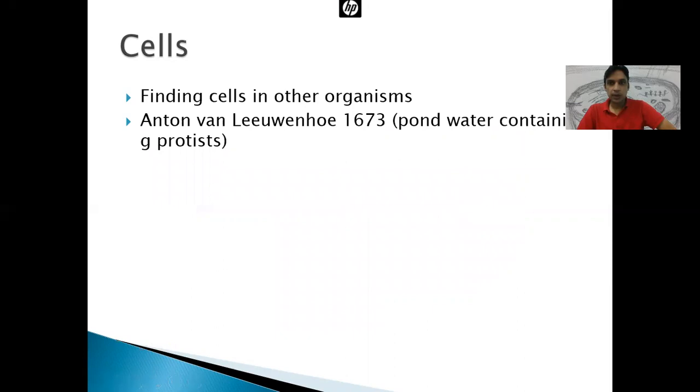After that, it was just a new beginning for the people who were studying biology at that time. They started discovering cells in almost every other organism, and they suddenly came to know that, oh my God, if there is life, there is a cell. If one form of life is different from another form of life, it is because one form of life is carrying a different kind of cells as compared to the other.